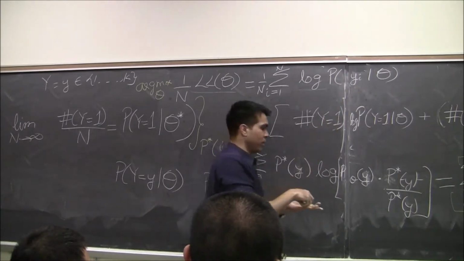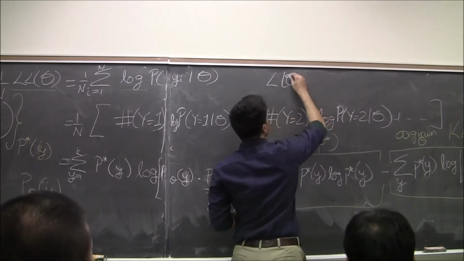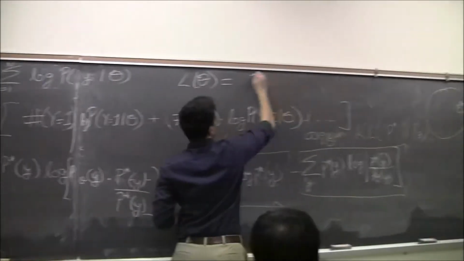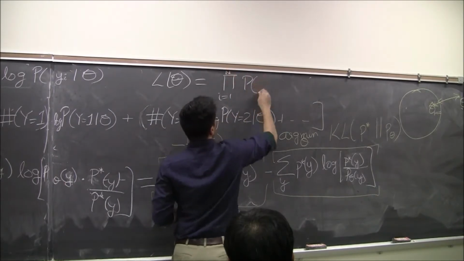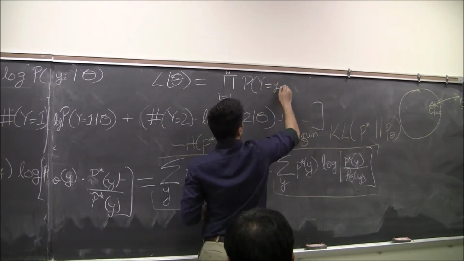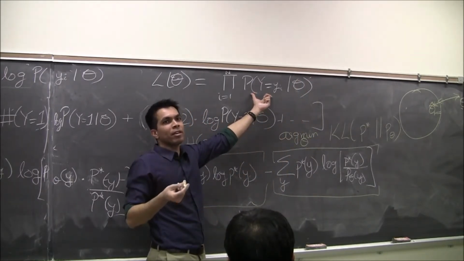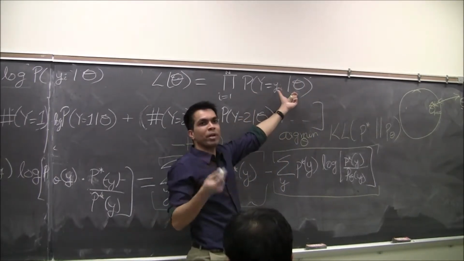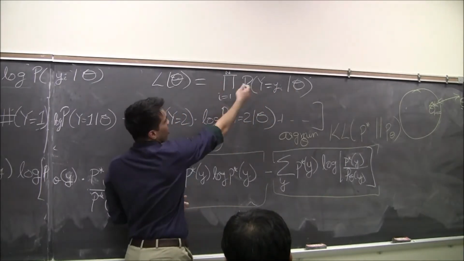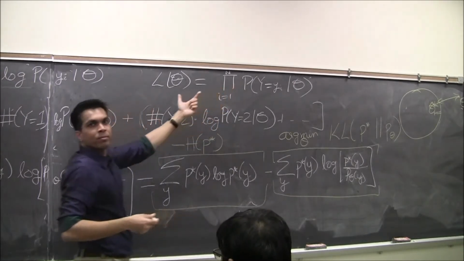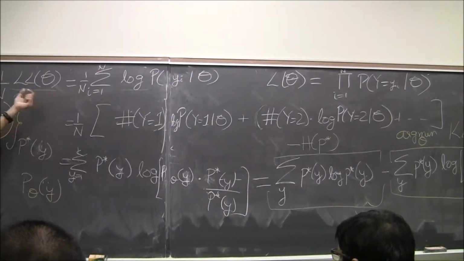The likelihood of theta under the IID assumption was just the product over i equals 1 through n of the probability of y equals little y, given theta. The ith sample, how likely am I to see the ith sample given my parameter? I'm just multiplying that because of the IID assumption. If I take a log, then the multiplication becomes a summation. So that's just log likelihood, and this is just average log likelihood.